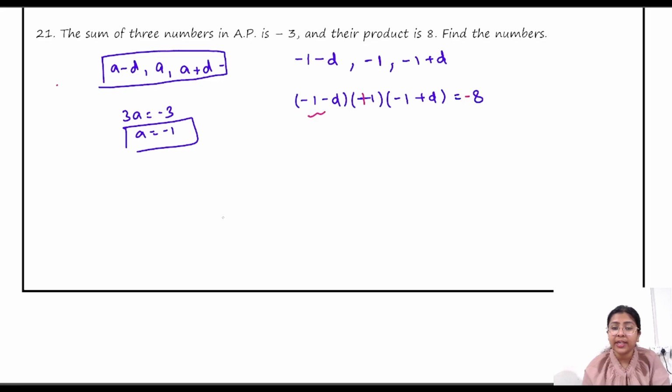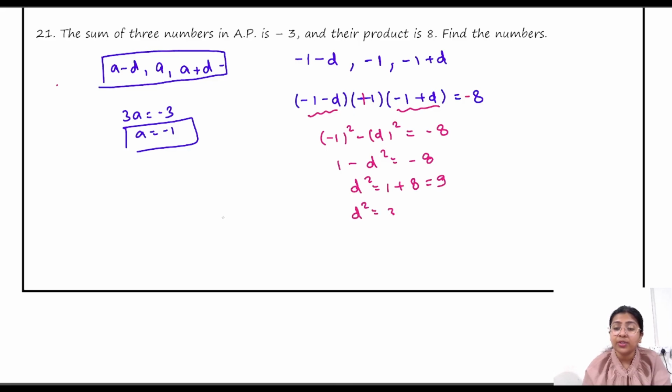Now this is an identity: a minus b into a plus b is a square minus b square. So minus 1 whole square minus d whole square is equal to minus 8. Simplify this more: 1 minus d square is equal to minus 8. So d square is equal to 1 plus 8, that is 9. So the value of d is plus or minus 3. Yes or no?